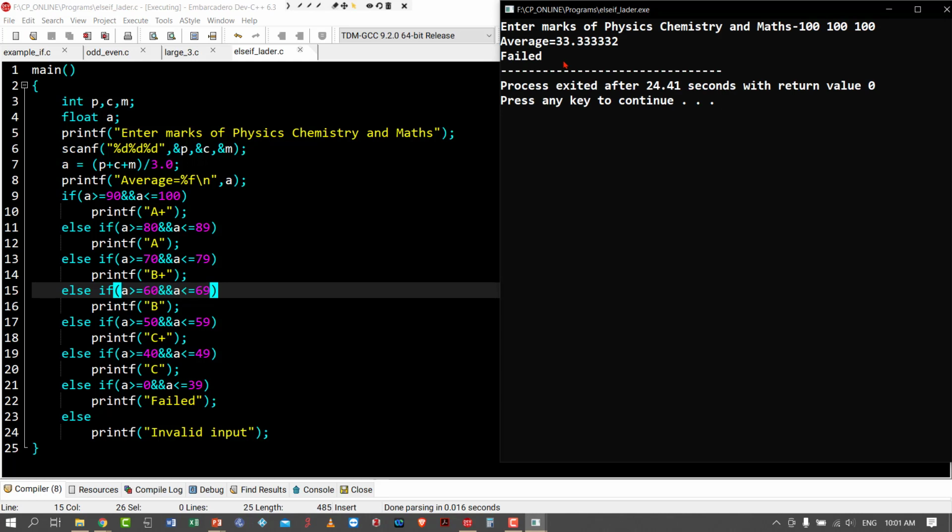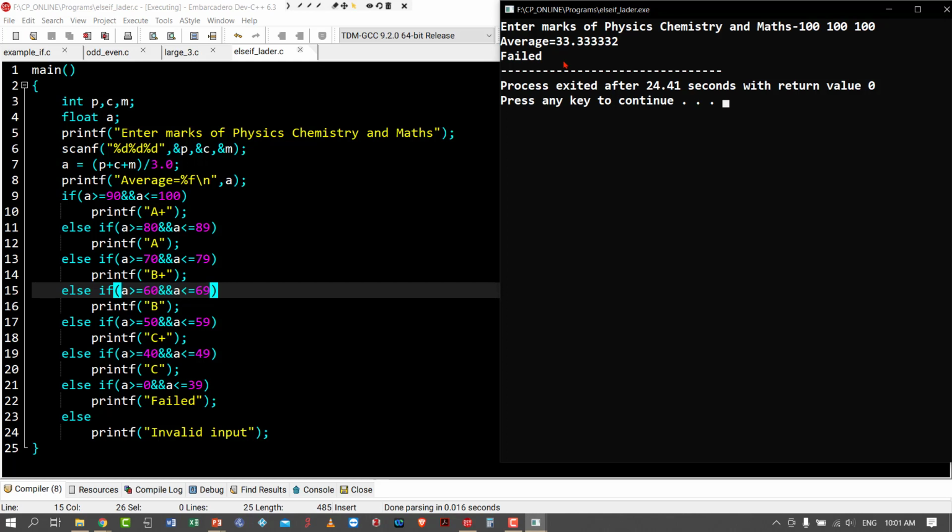So the average is 33.333 and the result is failed. Actually, it is an invalid input. This program didn't handle this condition. Anyway, no need to look into that because this program is only to understand the laddered else if statement.